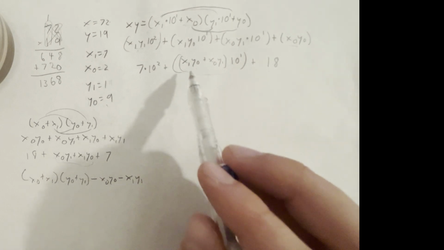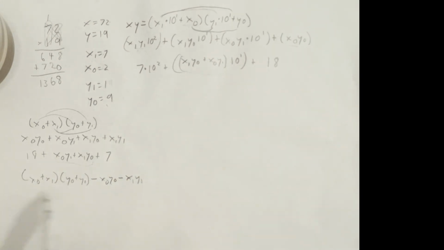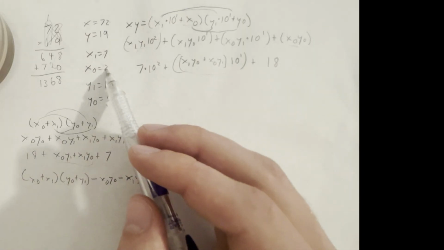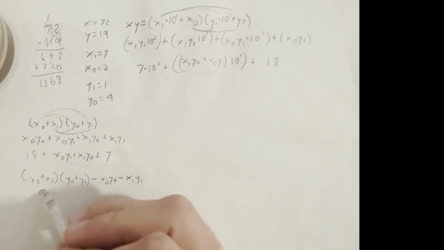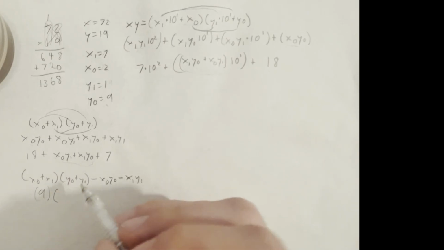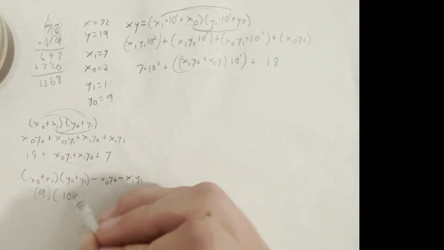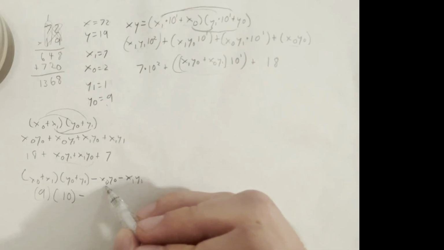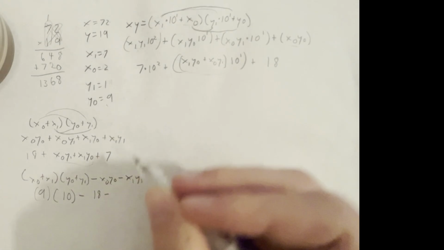So we'll replace this entire term right here with all of this. Let's solve it first. x0 plus x1 is 2 plus 7, or 9. y0 plus y1 is 1 plus 9, or 10, minus x0, y0, which is 18, minus x1, y1, which is 7.